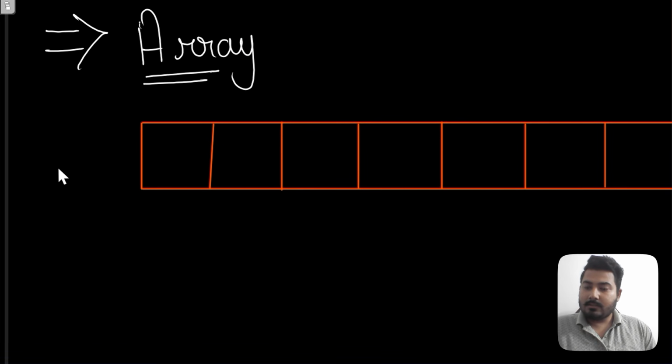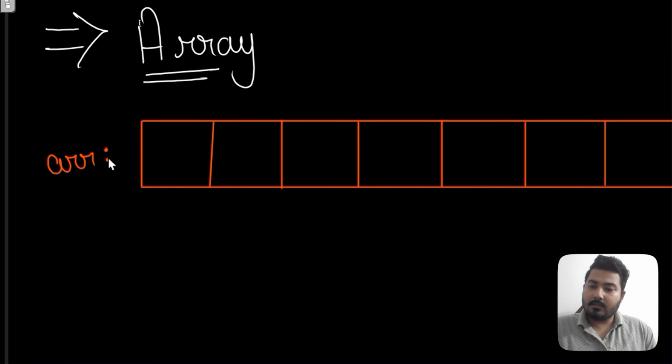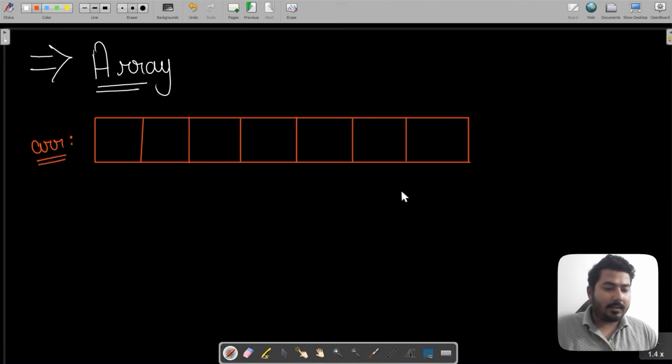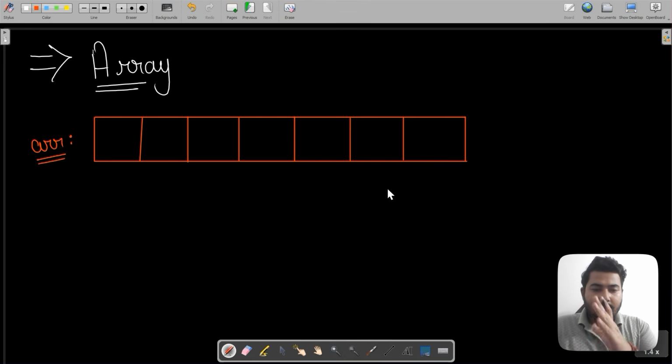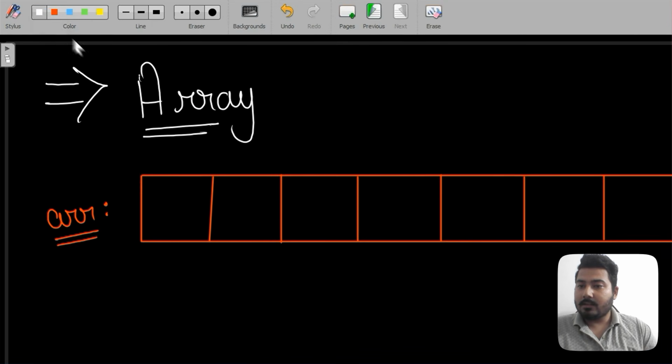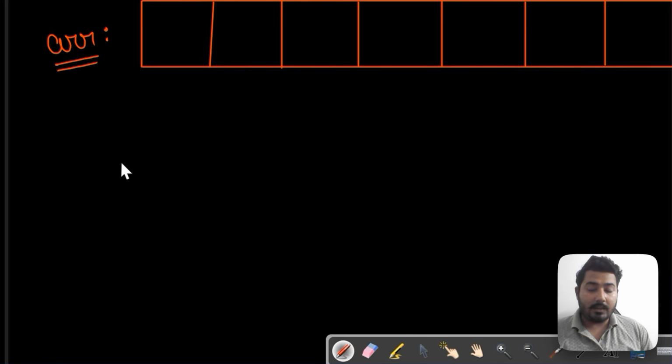It actually looks like a train. That means this is the actual structure of an array. That means some memory allocation, to be specific, some continuous memory allocation in your main memory. Let me just write that down, because that is one very important step.